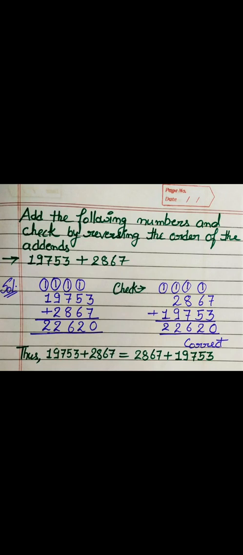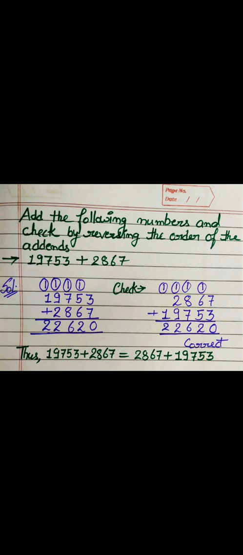As we are seeing here, we are getting the same result. That means our sum is correct, which also shows the commutative property of addition, in which we know we can add two or more numbers in any order, which will give the same result.